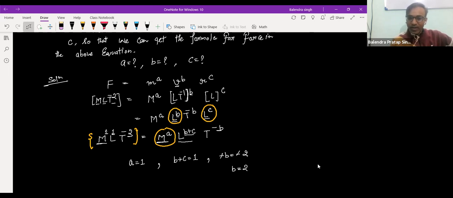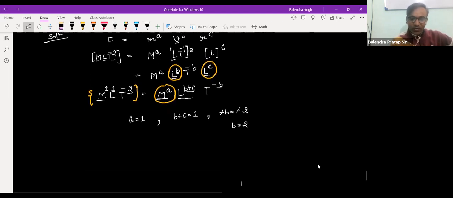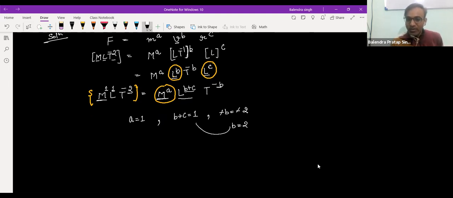So you have a equals 1 and b equals 2. Now you can find c. If I put this value of b in the equation, 2 plus c equals 1, so c equals 1 minus 2, which is -1.